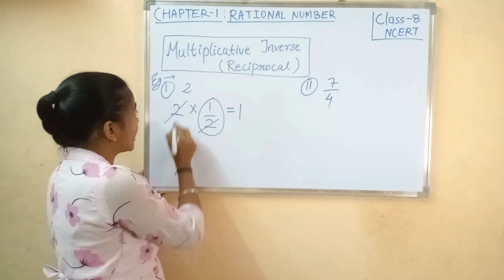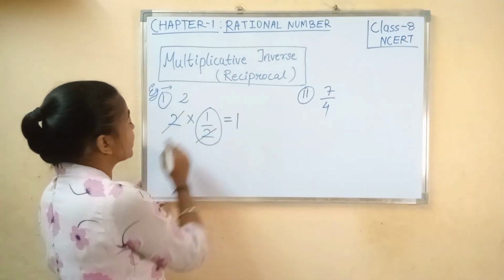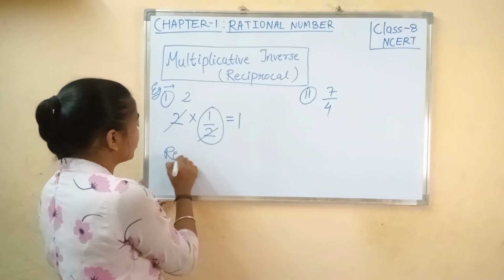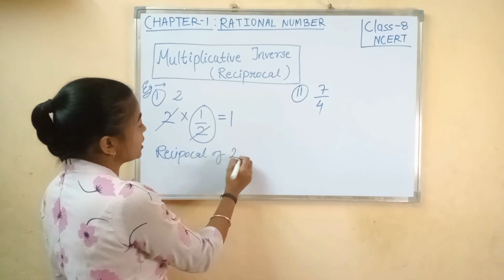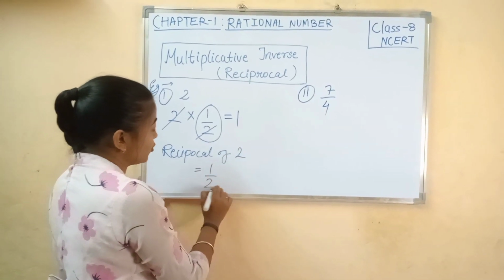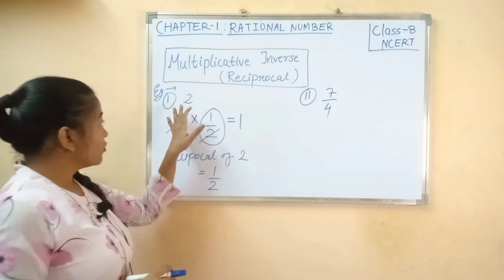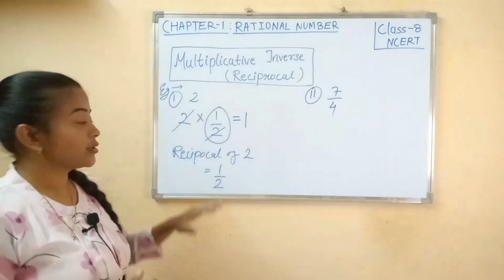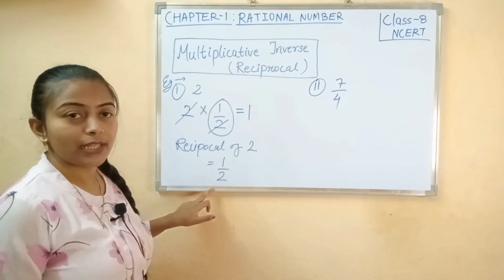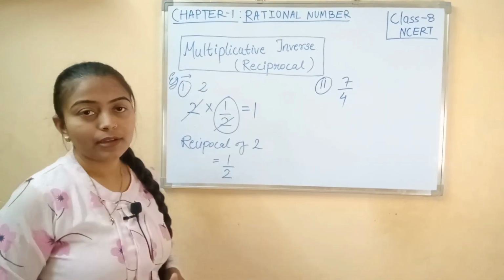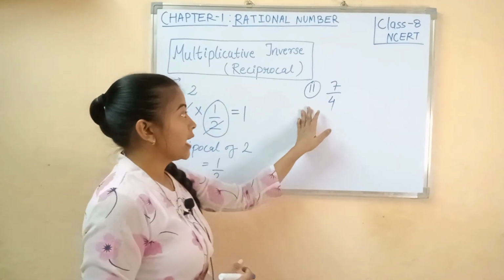So our reciprocal of 2 is 1 by 2. We just write 2 as 1/2, and the reciprocal of 2 comes.